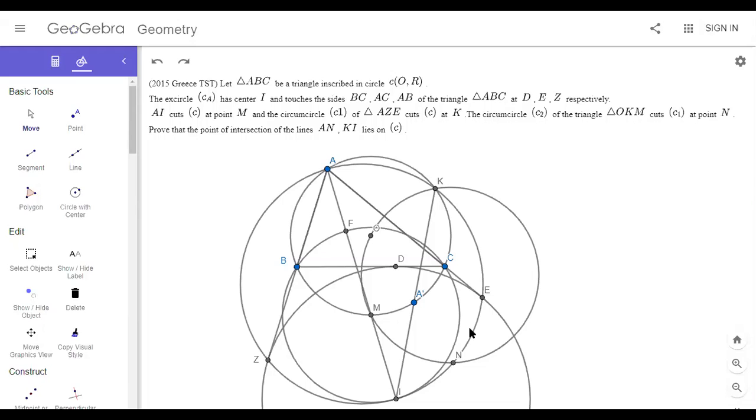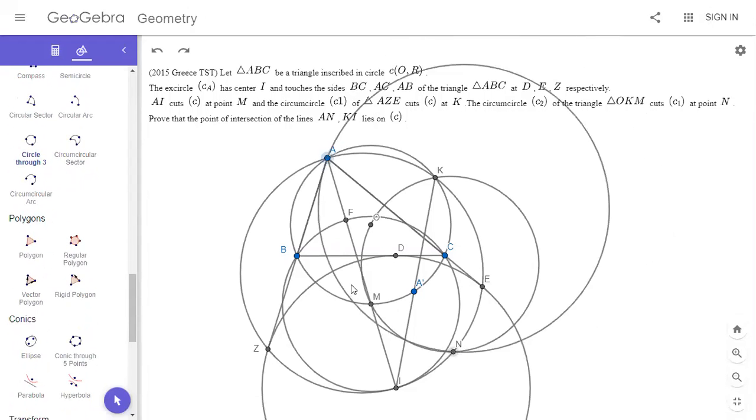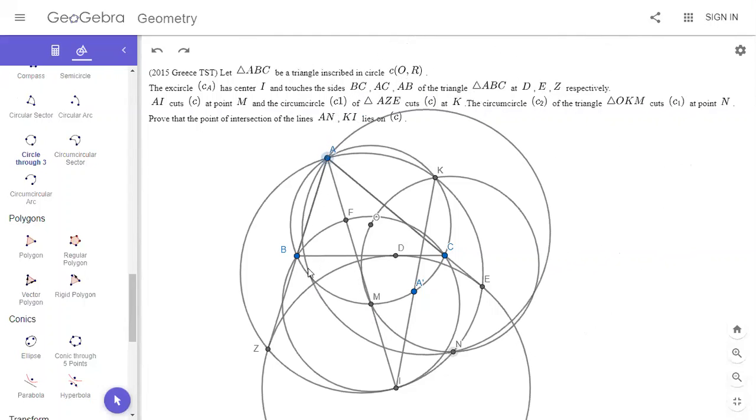I guess we kind of want to show... Let's see, is AN the radical axis of some pair of circles? I don't know.